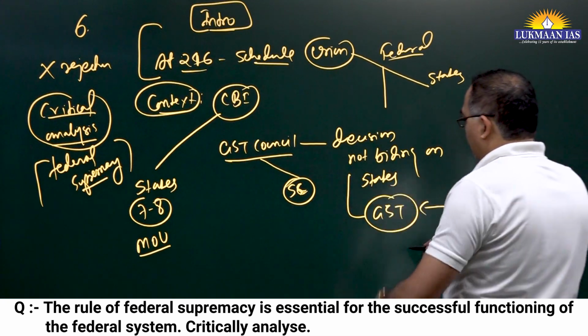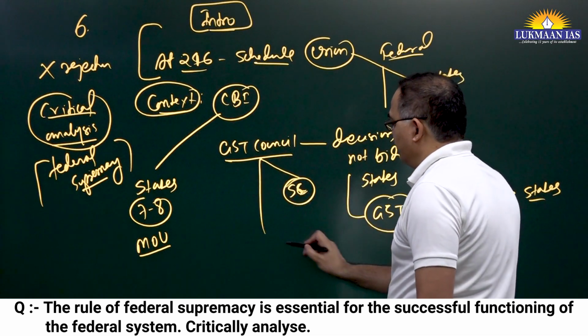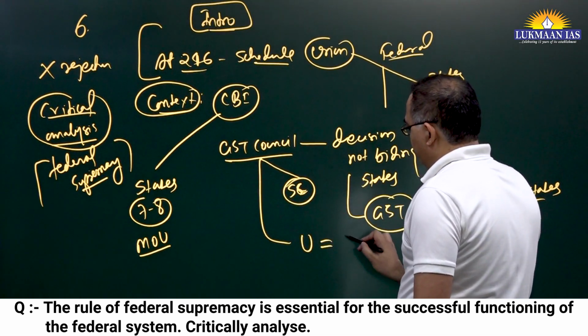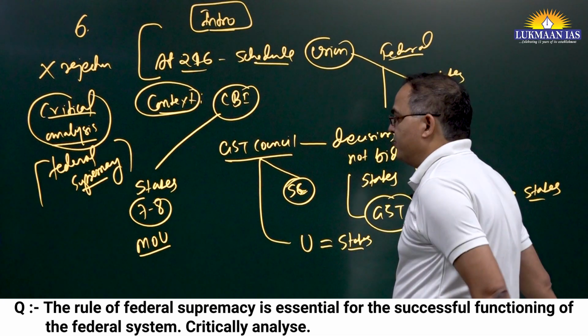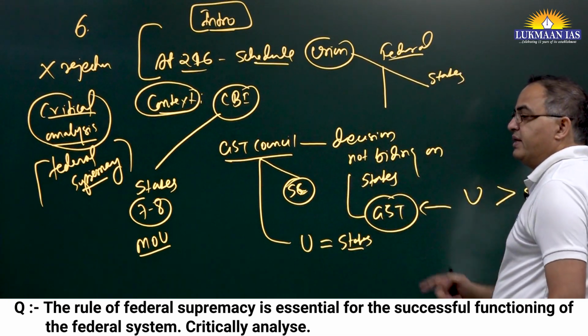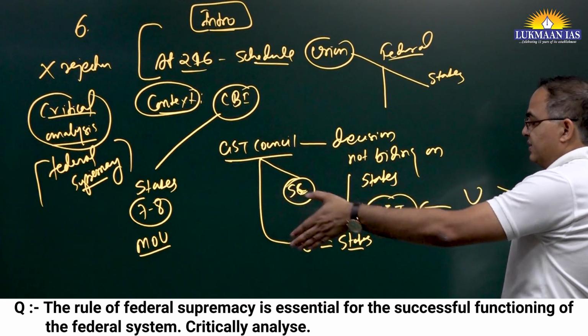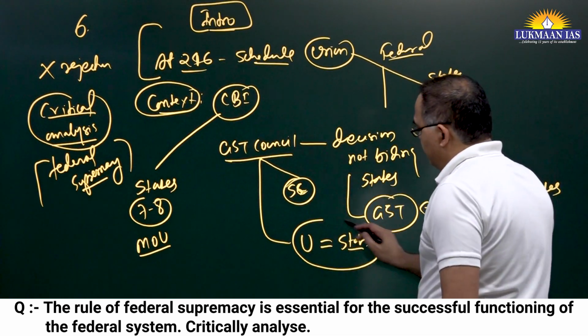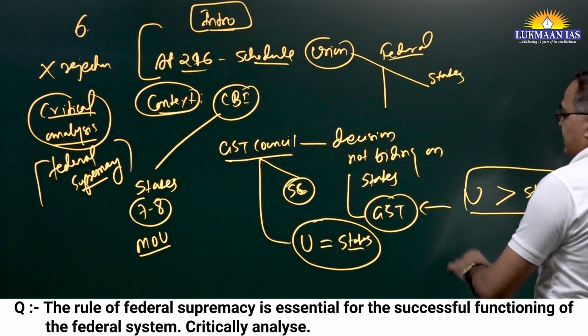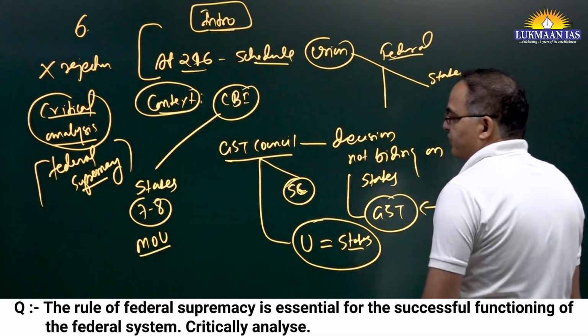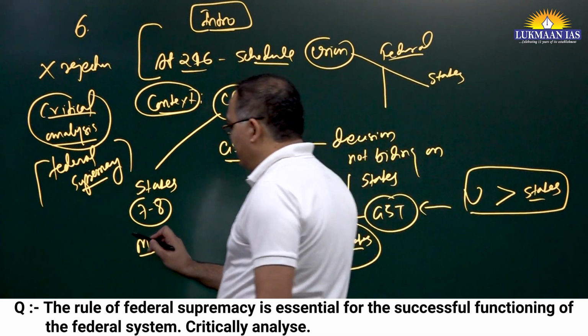But in the GST Council, the union somehow seems to be equal to states, because states have also been given equal power, even the power to refuse to accept a decision. This arrangement, it is argued, may result in lack of implementation of GST.